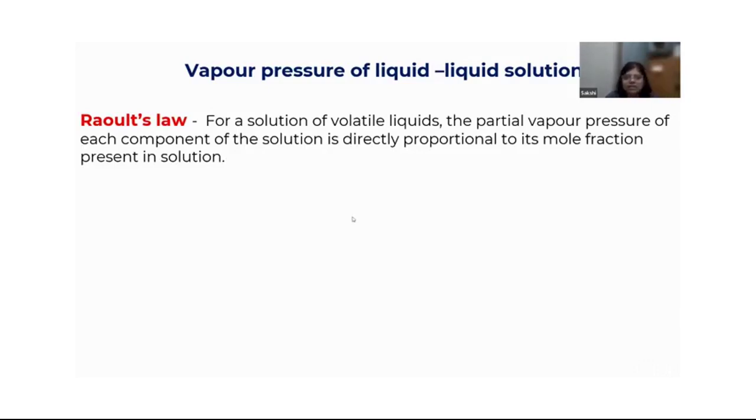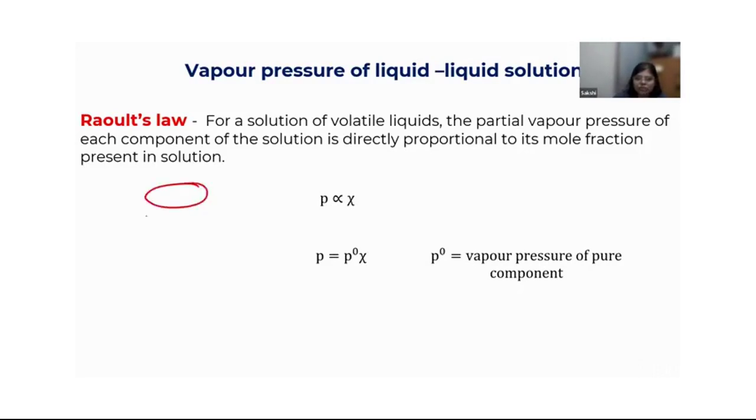Let us understand it with an example. If in a container I take two liquids A and B, I have components of A here and components of B here.